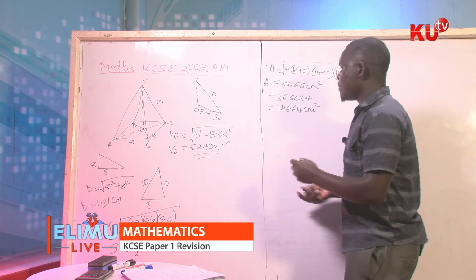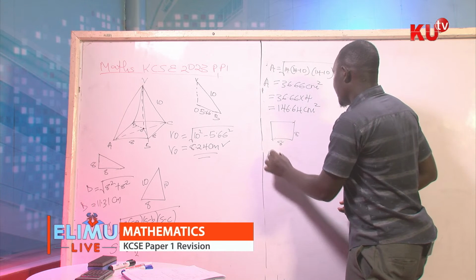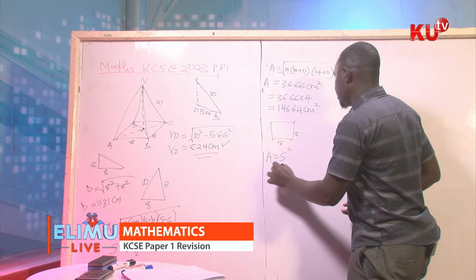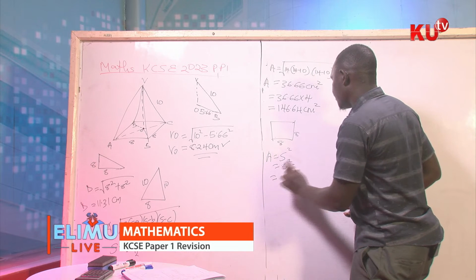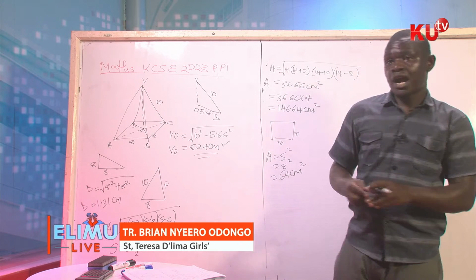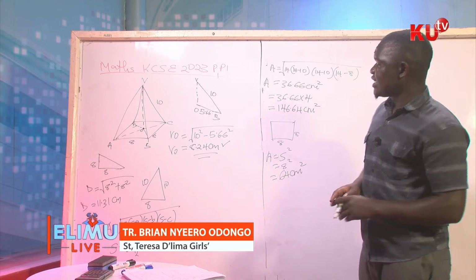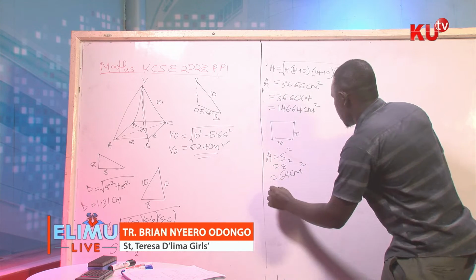What about now the base? The base is a square of side 8. How do you get the area of a square? It is S squared, which is 8 squared, giving you 64 square centimeters. After you've gotten the area of that square, to get now the total surface area, it is the summation of the areas.